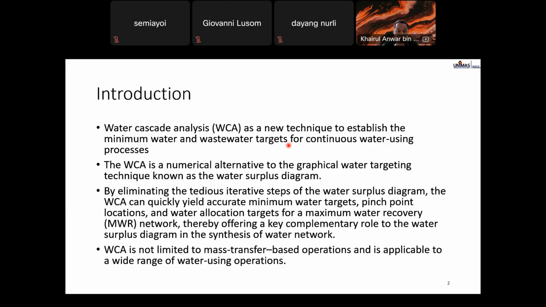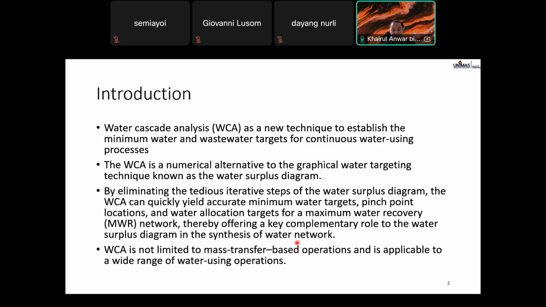The WCA is a numerical alternative to the graphical water targeting technique known as the water surplus diagram. By eliminating the tedious iterative step of the water surplus diagram, the WCA can quickly yield accurate minimum water targets, pinch point location, and water allocation targets for maximum water recovery, thereby offering a true complementary role to the water surplus diagram.